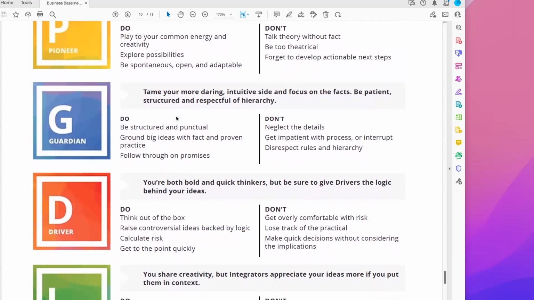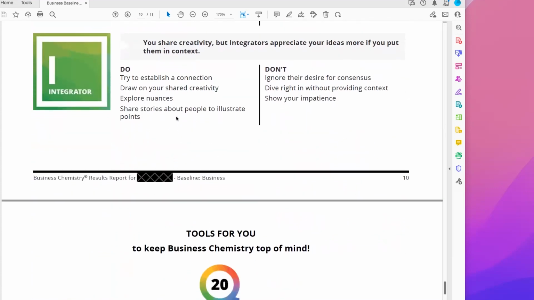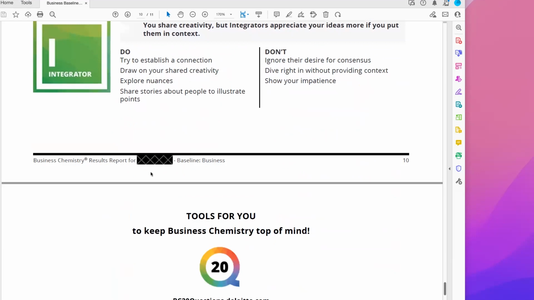And so I think that if someone said, should I do Business Chemistry or should I do DISC? If you want to make a recommendation between those two? I don't know enough about the Business Chemistry piece yet, but right now I'm leaning towards DISC.